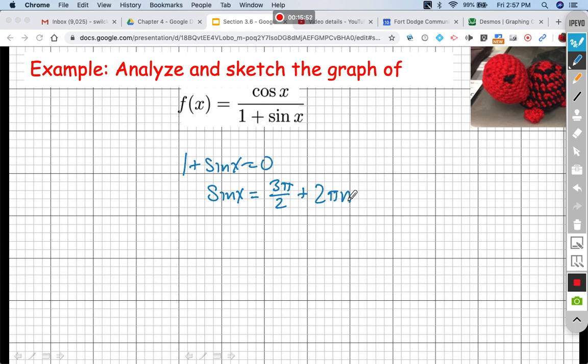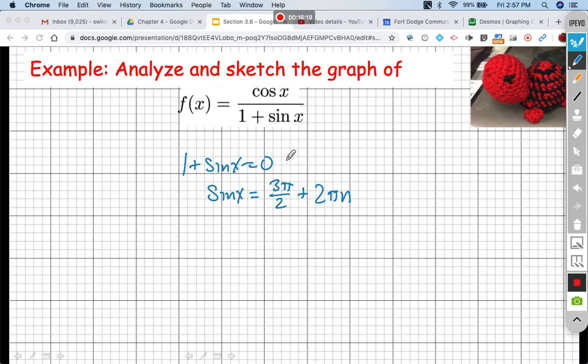So we're not going to break this up into that many intervals. We know that both cosine and sine of x have a period of 2 pi. So I'm just going to look at an interval of 2 pi. And if I can describe it on that period, I know it's going to repeat because it's periodic.